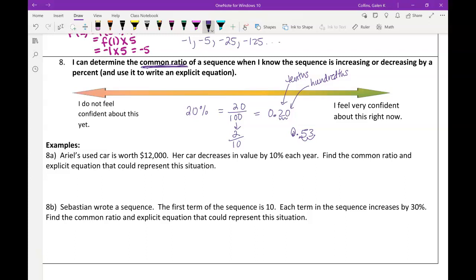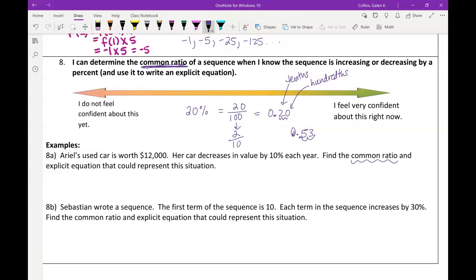At the beginning of our knowledge about Ariel's car, we know that it's $12,000, but after 1 year, her car will be worth 10% less than what it is currently worth. So we're trying to find the common ratio and explicit equation that could represent this situation. Let's start with the ratio piece first.